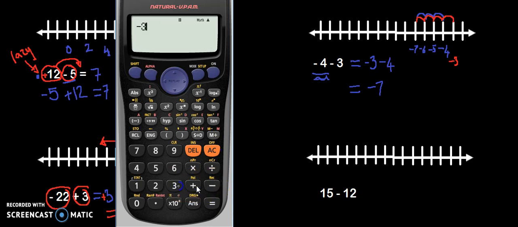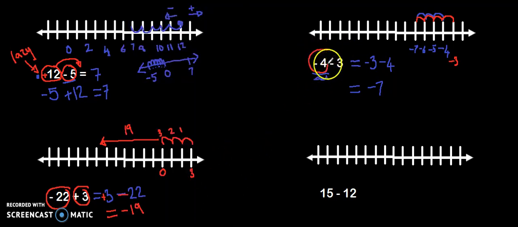But -3 minus 4 gives us -7. So it's exactly the same problem. We've just moved the 4 with its minus and the 3 with its minus into different positions. Isn't that nice?